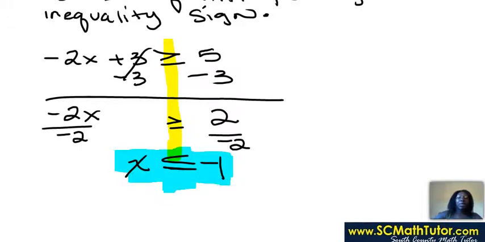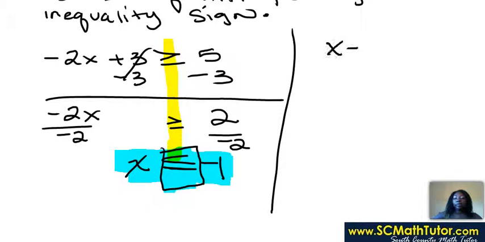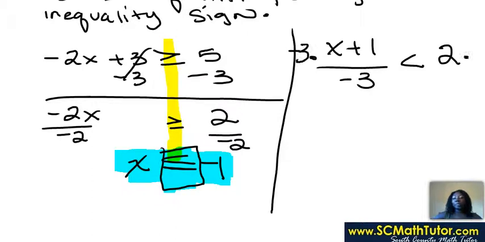So now we are no longer dealing with greater than, we're now dealing with less than. How about if you had x plus 1 divided by negative 3 is less than 2. I want to get rid of this divide by negative 3, so I'm going to multiply by negative 3 on both sides.